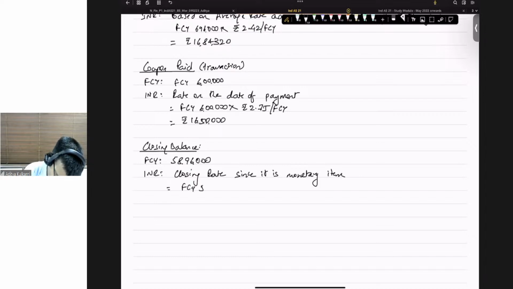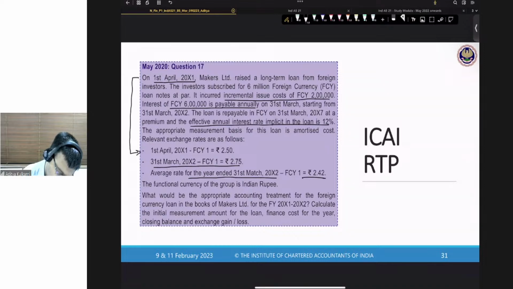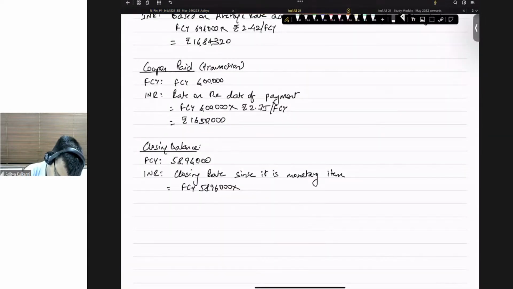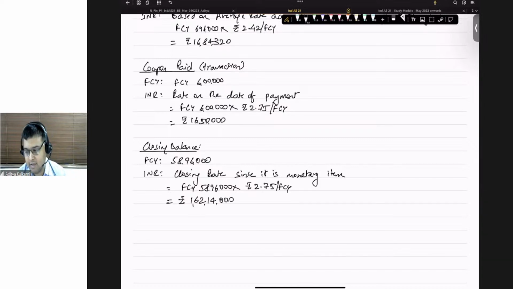This will be 58 lakh 96,000 into the closing rate on 31st March, so 2.75. That is 1,62,14,000.